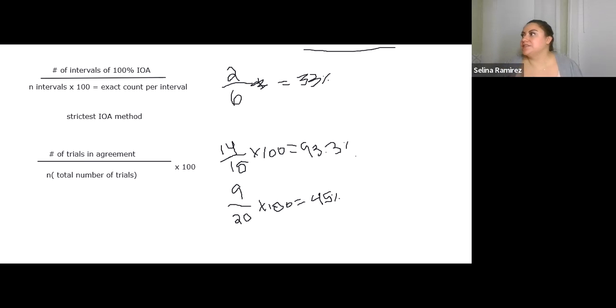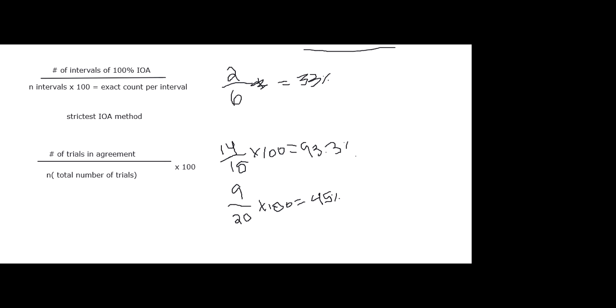So it just depends on whether you are using temporal, like if you're using duration or if you're doing time sampling. But the formulas are going to be the same. Just your data collection method is what's going to be changing. Does that make sense?